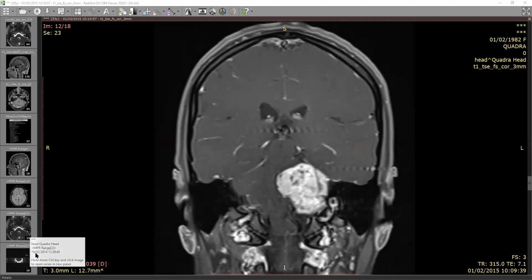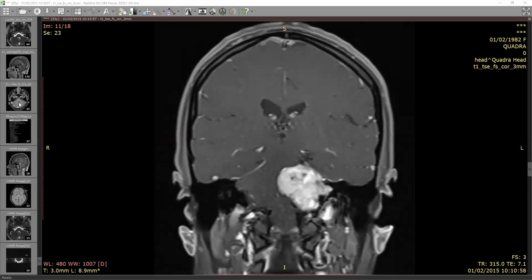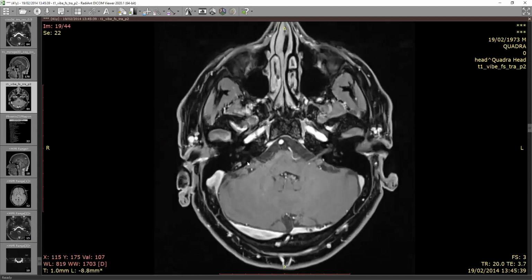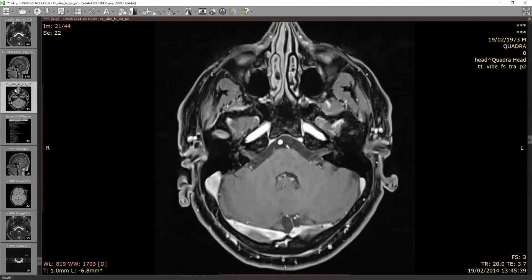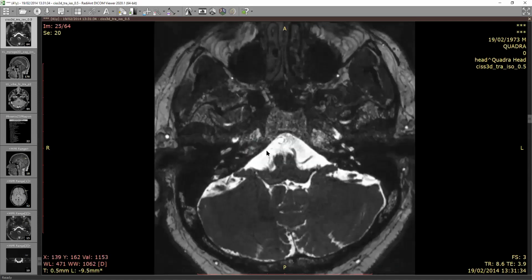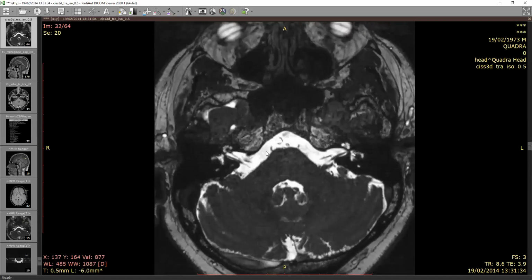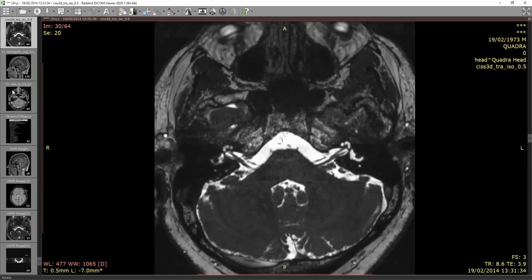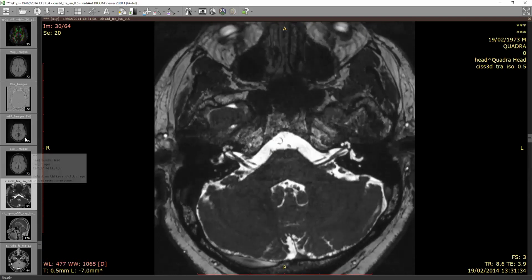So that's the reason why I am putting in these explanations with a specific aim at helping you identify the pathology, rather than just giving a routine tour of the normal anatomy.